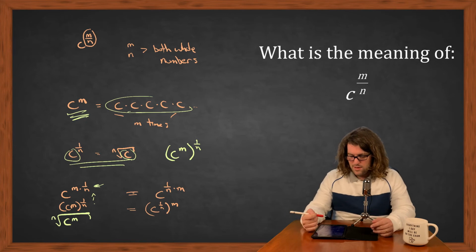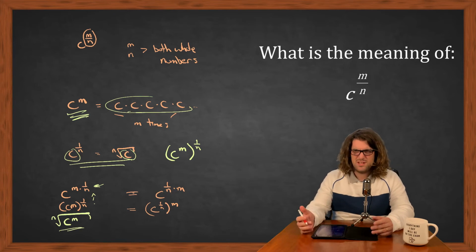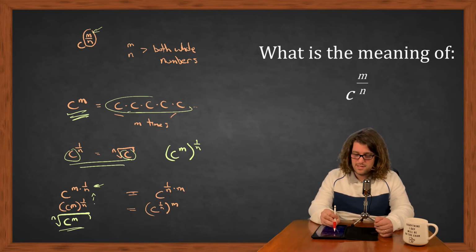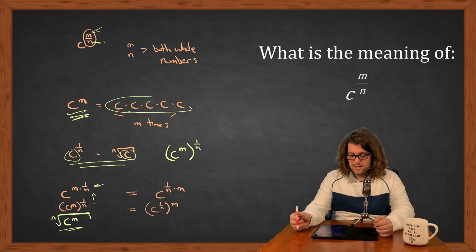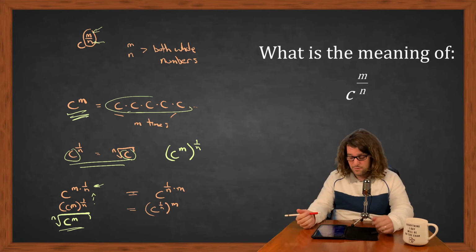So the combined exponent that we started with, m over n, became this statement, which is kind of a combined statement for the radical. We still have c to the power of m, which is the numerator, but we also have a radical whose index is the denominator. And so we can always use that sort of statement if we like.